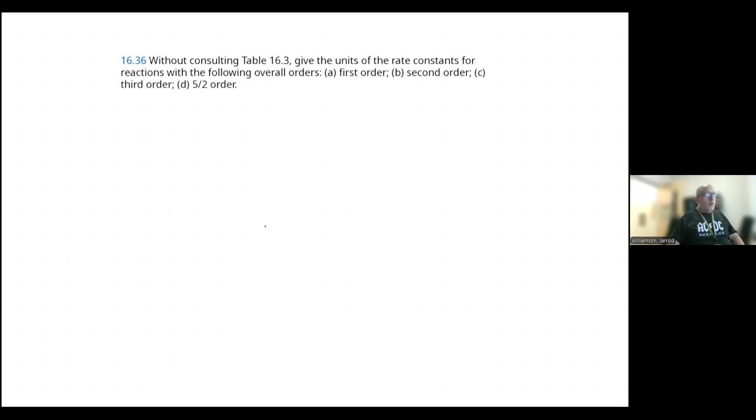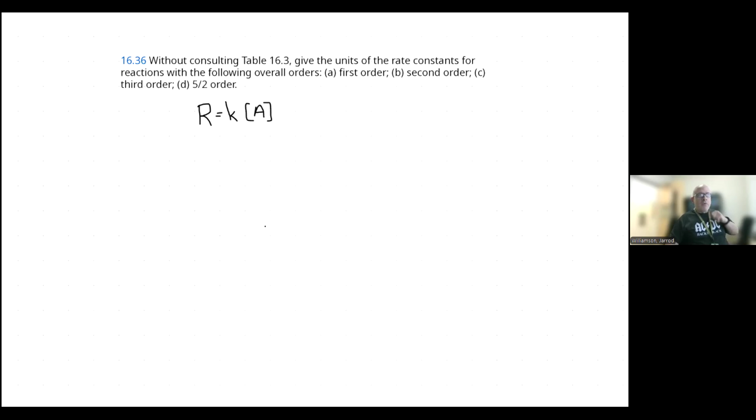Now, for first order, you would just write R equals K A to the 1 power.